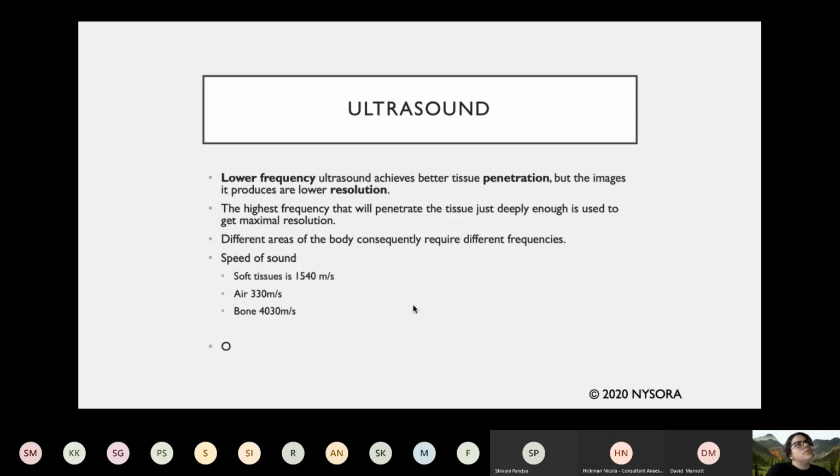But in air, it's much less, and in bone, it's much more. That's one of the reasons that ultrasound won't go through bone. The speed of sound is much higher, but also bone has high acoustic impedance, meaning that it's very dense and it won't vibrate very much with sound going through it.